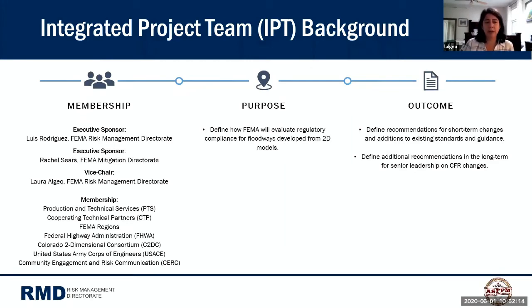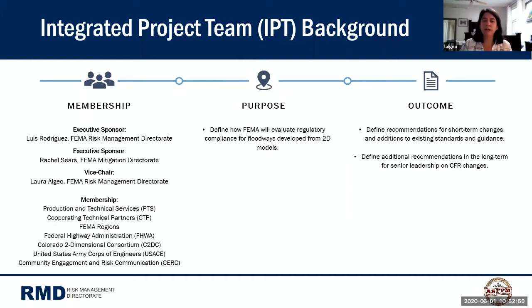There's also been a lot of input by the Federal Highway Administration, who've been doing work in Colorado and working with their 2D consortium, as well as the Army Corps of Engineers, HEC in general, and our community engagement and risk communication contractors. So we're really trying to get broad input from folks on the types of changes that might need to be made, and how we can show and share this information, and have it be cohesive, easily understood and usable, and meeting our federal regulations.